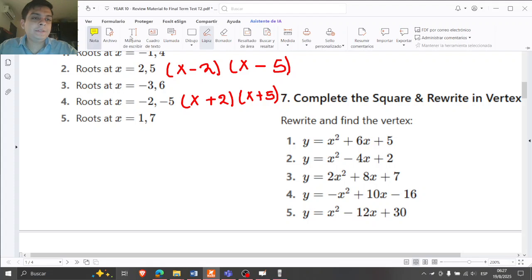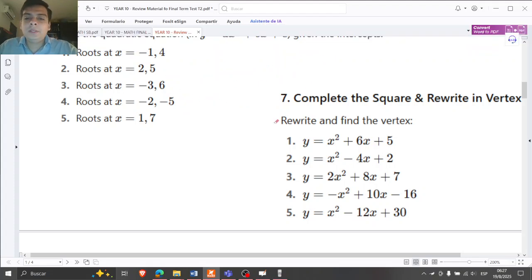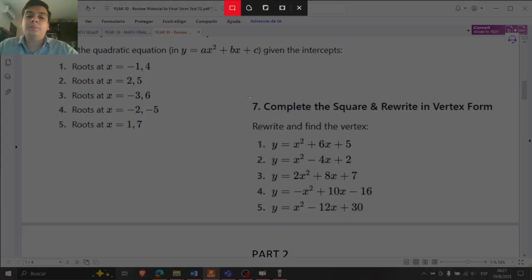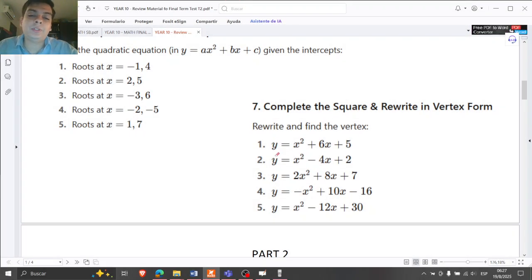Let me erase this. Okay. Now, it says that we have to complete the square and rewrite it in the vertex form. This is what I'm going to teach you today. We already have done completing the square, and we are going to use it to do the graph.